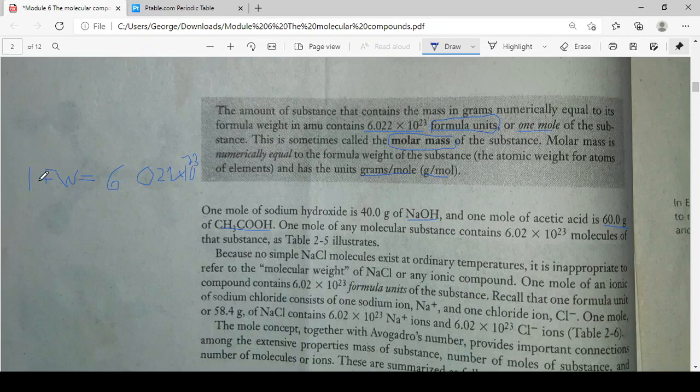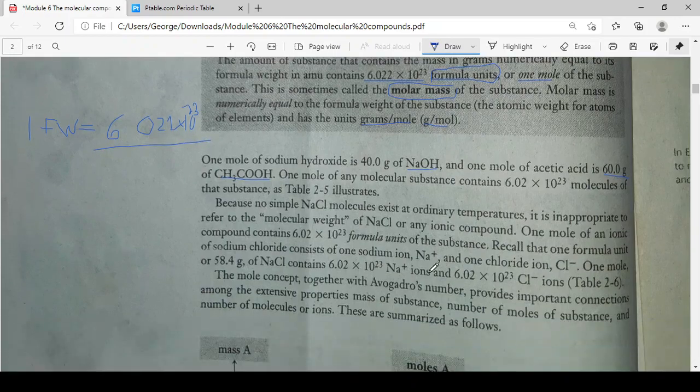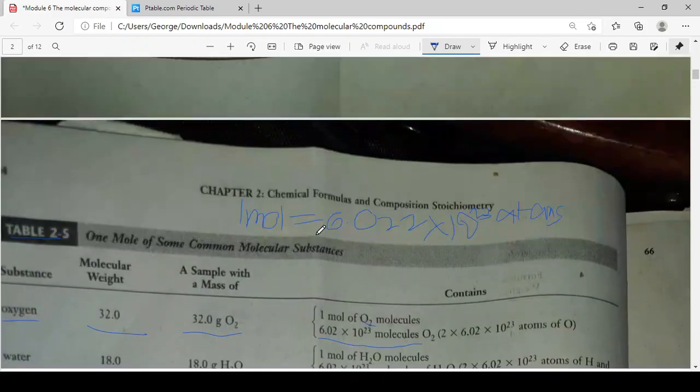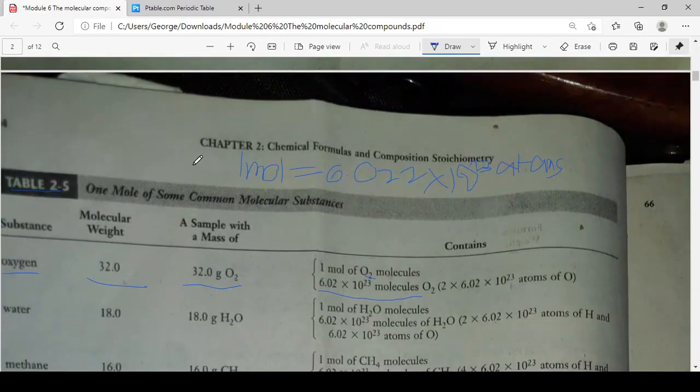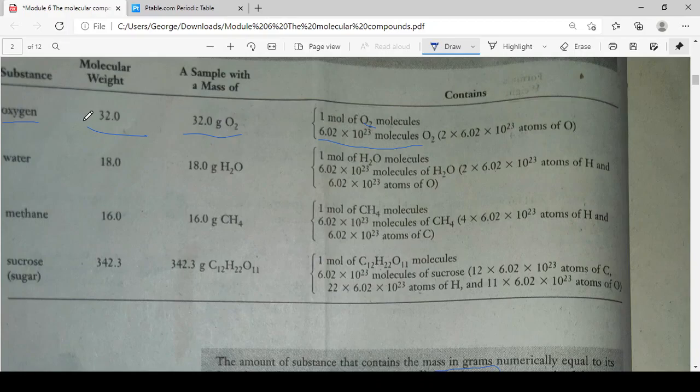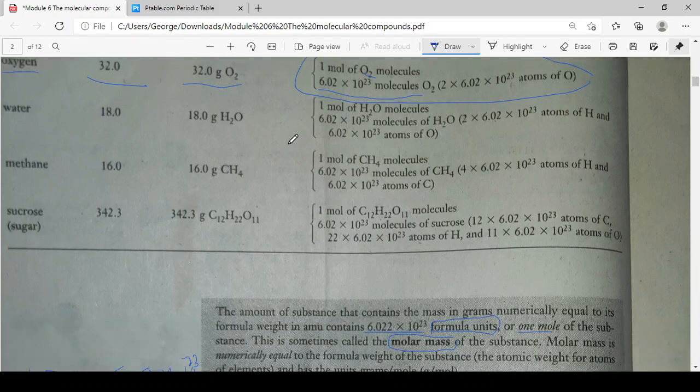Again, 1 formula weight is also equal to 1 mole, or Avogadro's number of 6.022 times 10 raised to the power of 23. These are also illustrated in Table 2.5. Here we can see the molecular weight or formula weight, which is equivalent to 1 mole of each individual compound, and 1 mole is also equal to 6.022 times 10 raised to the power of 23.